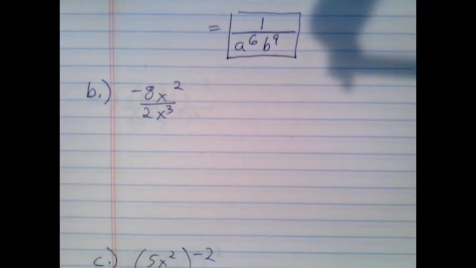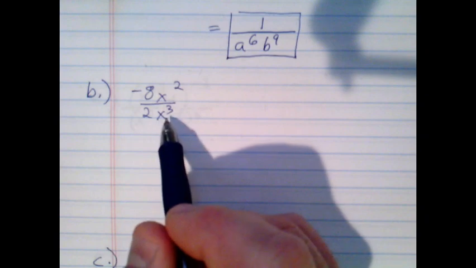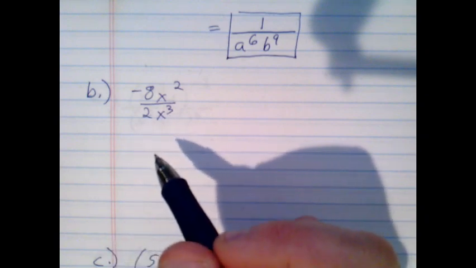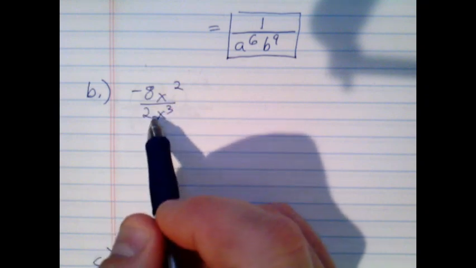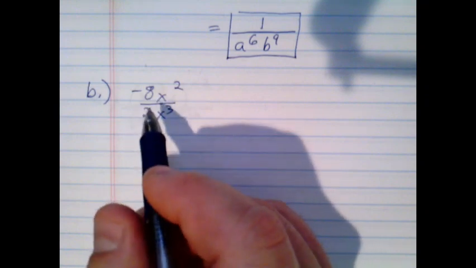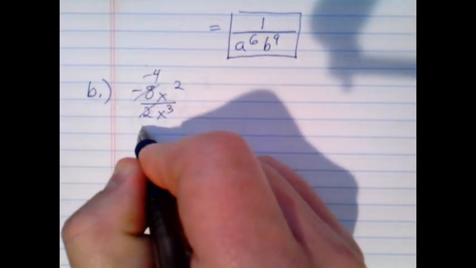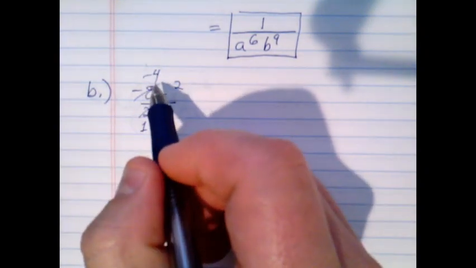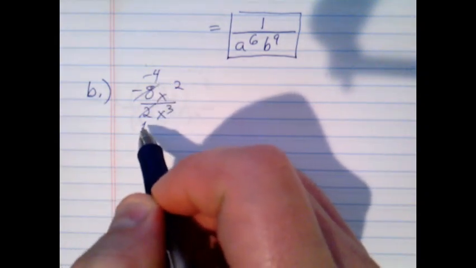Alright, let's move on down to B. So in B, we're given the expression negative 8 x squared over negative 2 times x cubed. Okay, now I can start by simplifying negative 8 over negative 2. Negative 8, when you divide it by negative 2, gives 4. So I can treat it as though the top becomes 4 and the bottom becomes just a 1.